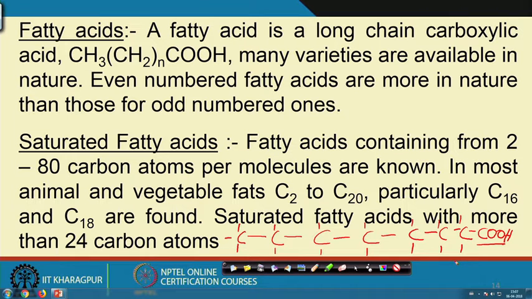So, if out of that, one is replaced with a double bond, right, then it becomes unsaturated, because unsaturated means there has to be a double bond.